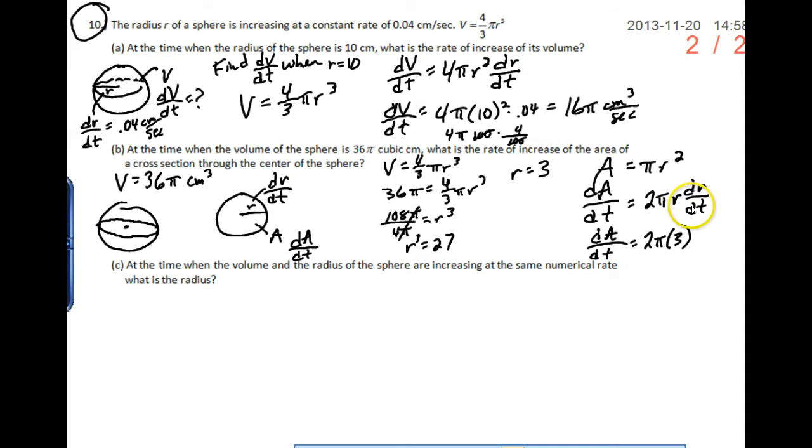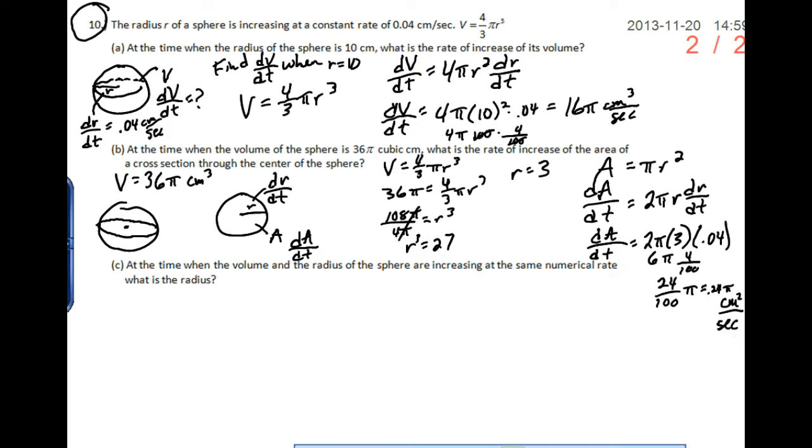And that means that dr/dt, well, if you go all the way back up to the beginning, increasing at a constant rate of 0.04. So 2 times 3, 6 pi times 0.04, which is 4/100ths. So this would be 6 times 4, 24/100ths pi, or 0.24 pi. And this is an area, so it would be square centimeters per second.